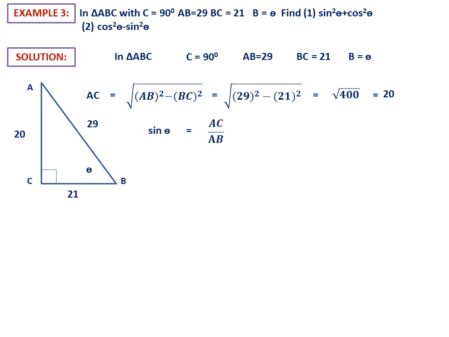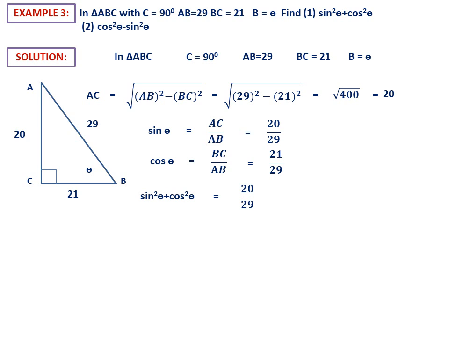Now sin theta we have to calculate. Definition is opposite, that is AC divided by AB, that is equal to 20 by 29. Similarly, cos theta will be equal to adjacent BC divided by AB, and that will be equal to 21 by 29. Now we have to calculate, first one sin square theta plus cos square theta, second one cos square theta minus sin square theta.